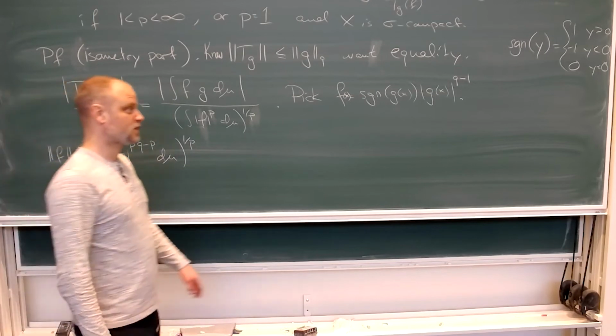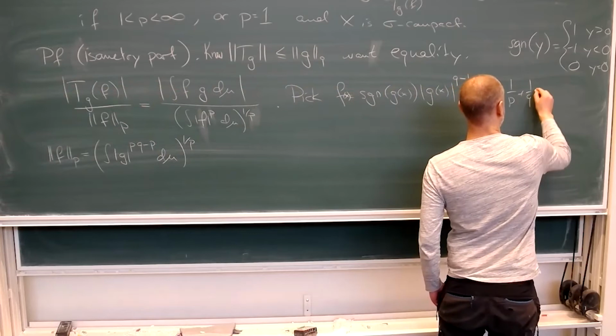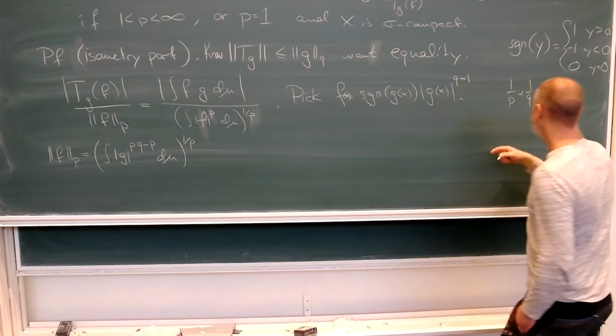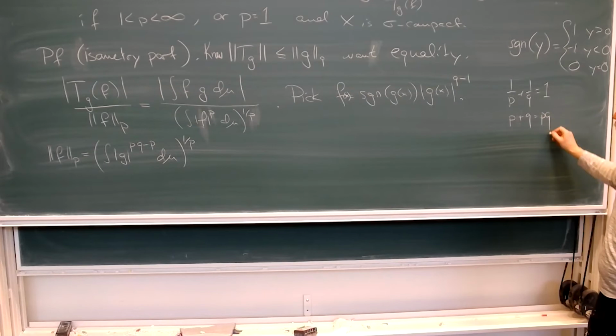And what is this? We have 1 over p plus 1 over q equals 1. So if I multiply everything here with p and q, I get p plus q equals pq.